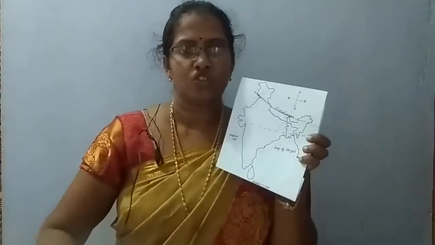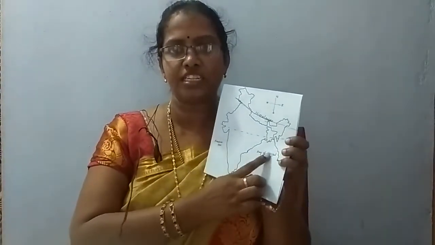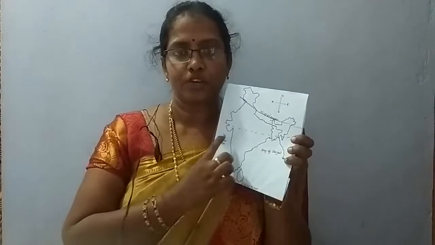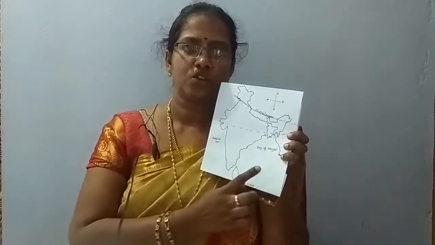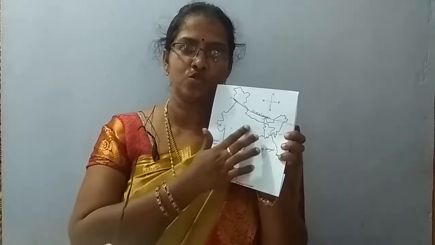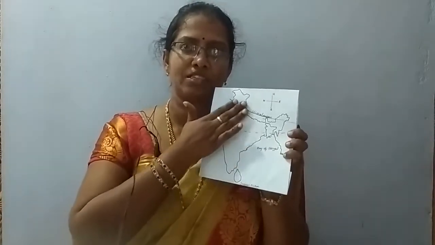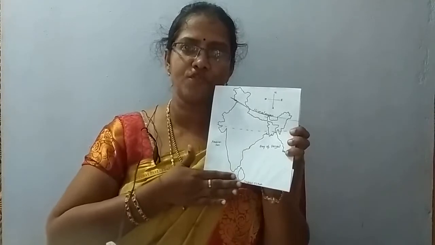Likewise, as I showed on the map just before, the Tropic of Cancer divides India into two equal parts: the northern part of the Tropic of Cancer and the southern part of the Tropic of Cancer.